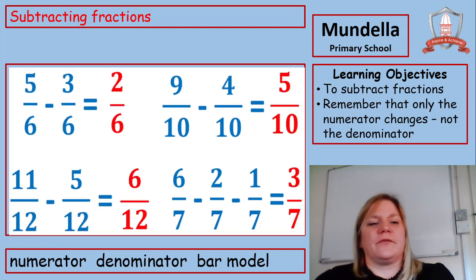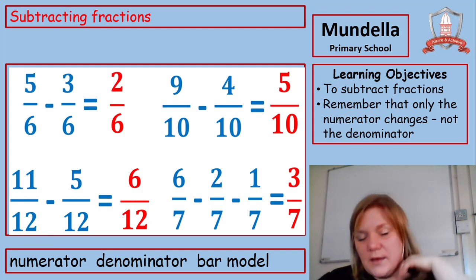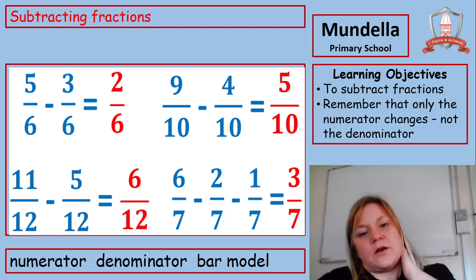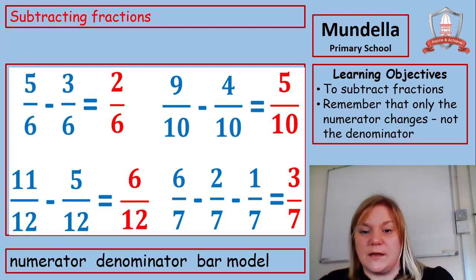Now you can have a look through your answers. So 5/6 take away 3/6 is 2/6. 9/10 take away 4/10 equals 5/10. Remember the denominator stays the same, the numerator you can subtract. 9 take away 4 equals 5. 11/12 take away 5/12 equals 6/12, or you could have written 1/2.